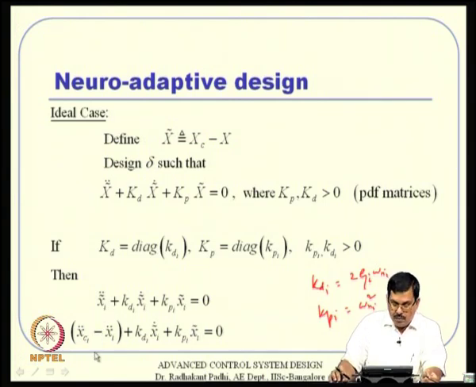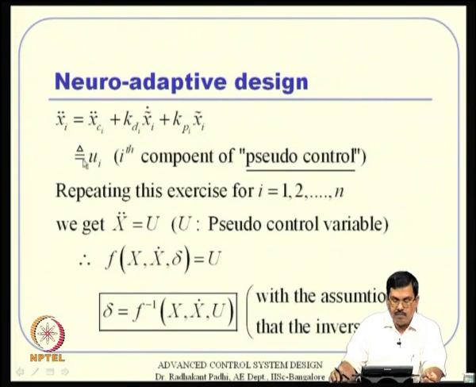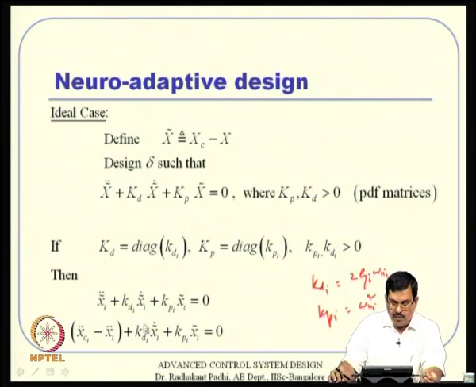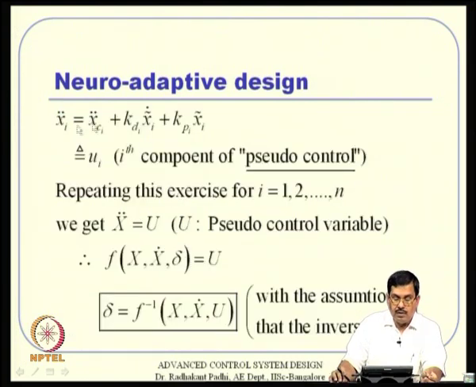Now I want to solve for x i double dot. If I solve for x i double dot, it turns out to be this term plus that one plus that one. And this particular term is something that I define as u i, which is the ith component of what a lot of people call the pseudo control. Why is it not really the control?